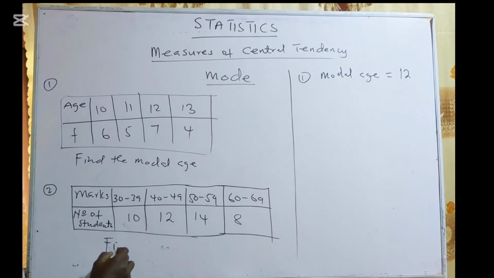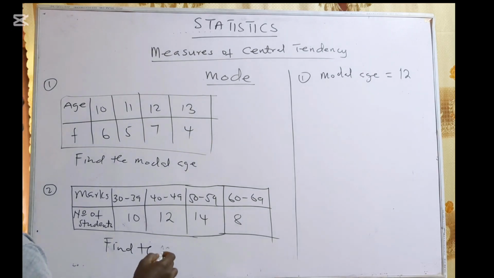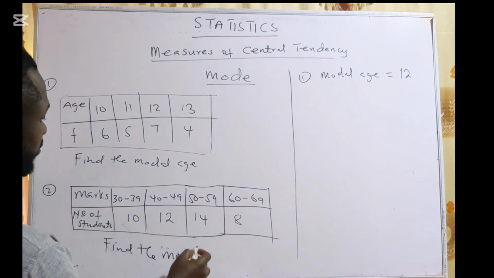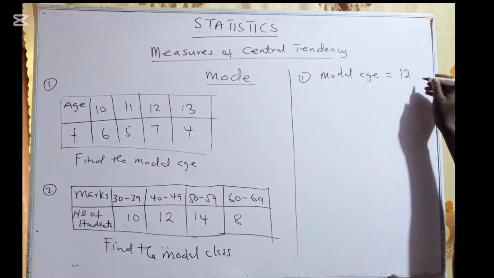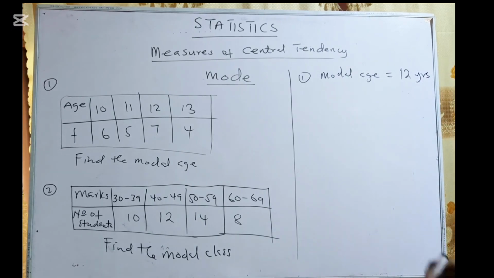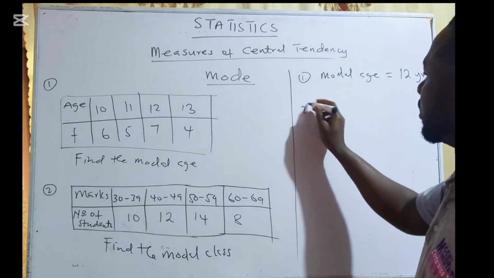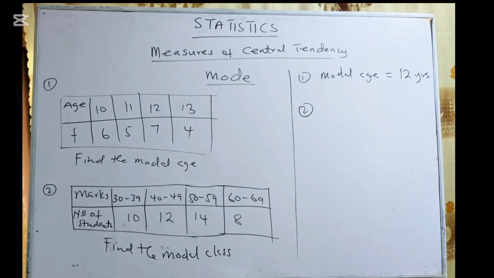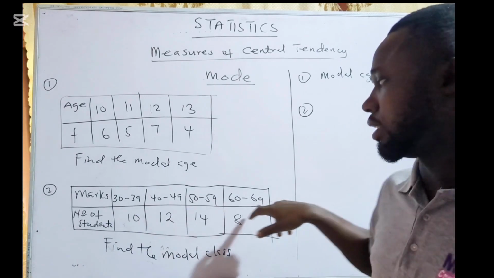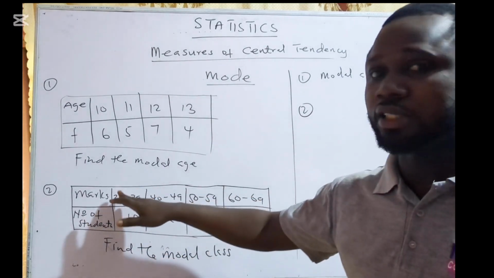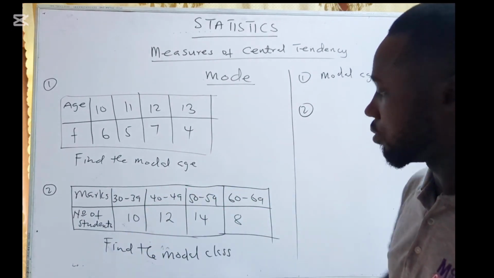Now, here you are asked to find the modal class. If age is in terms of years, then we can say 12 years. So find the modal class. Because we have class intervals, look at the class interval with the highest frequency.